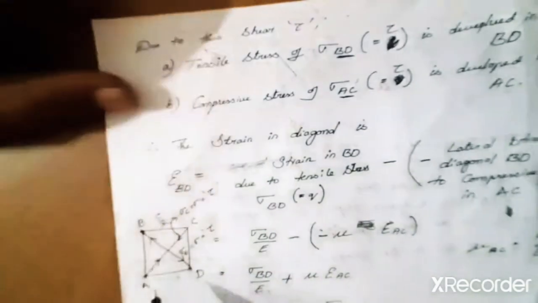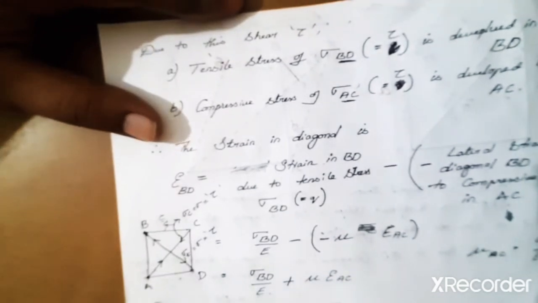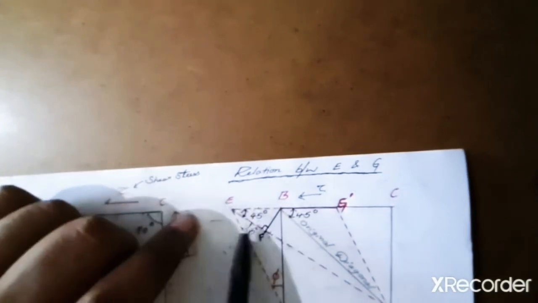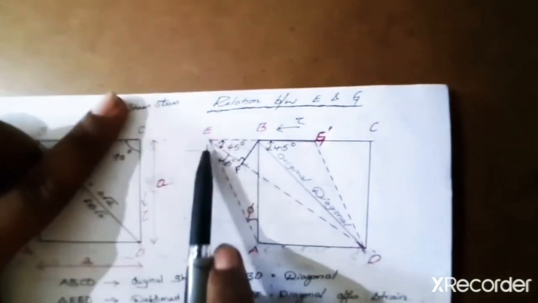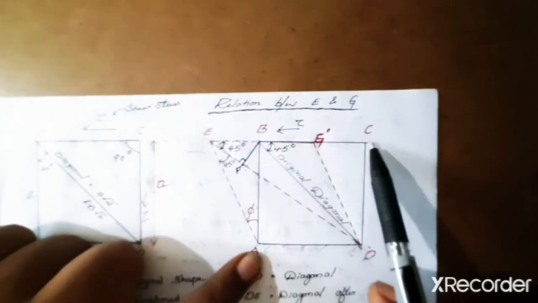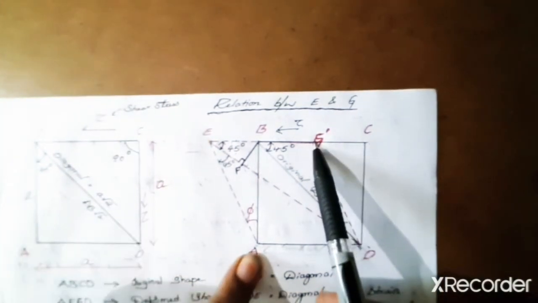As you can see here, see the shape of this. Let me show you here itself. The length of BD has increased. That means a tensile stress is responsible for this, right? At the same time, the diagonal AC has changed to AC dash, so its length has been shortened.